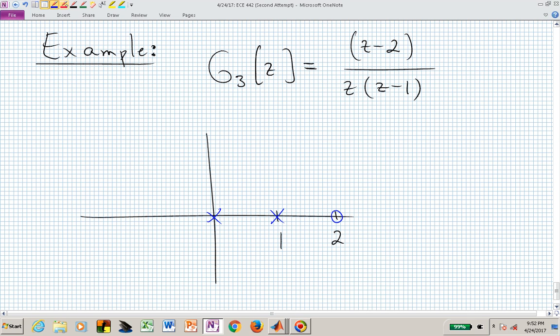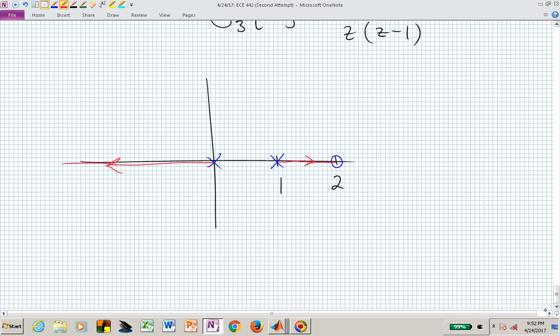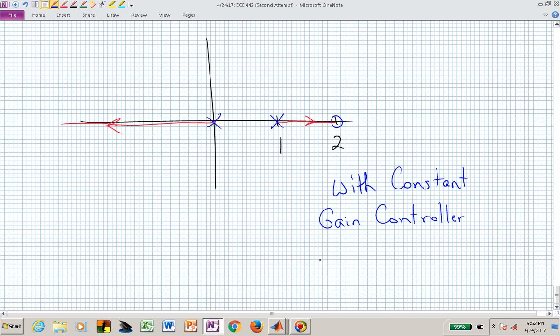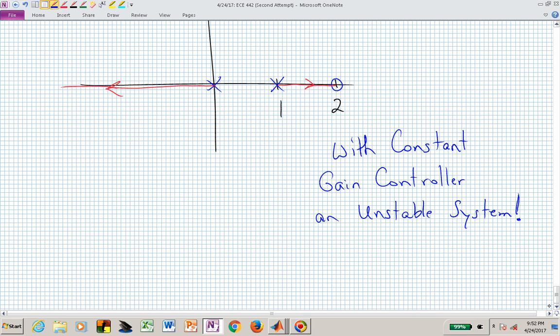I think you can see then that, like the previous example, we're stuck with one pole always living between 1 and 2 if we just tried to use a constant gain controller. So with a constant gain controller, we have an unstable system. So we have to do something other than just a gain.